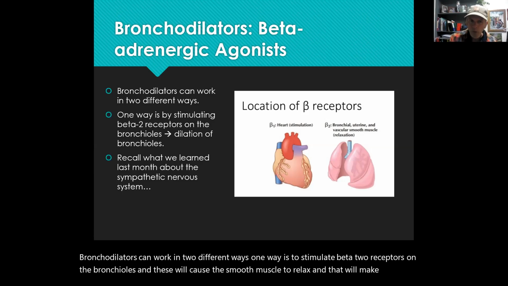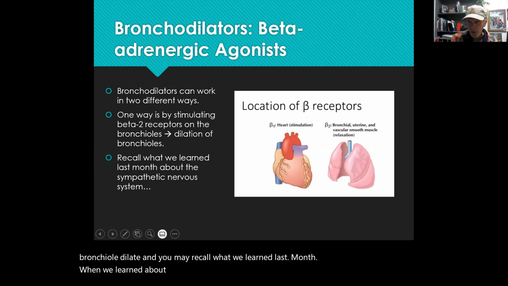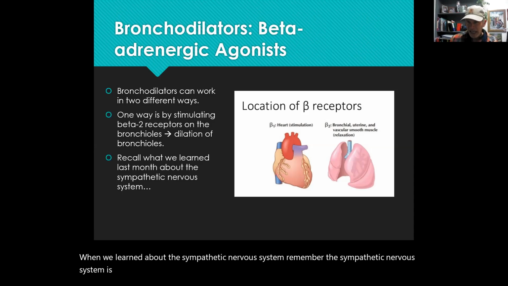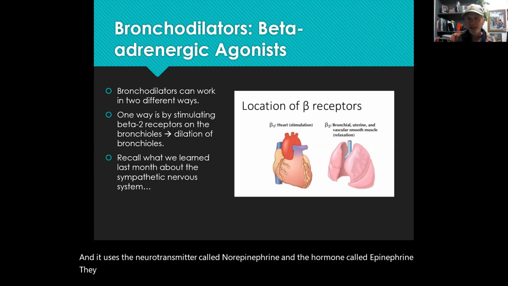And you may recall what we learned last month when we learned about the sympathetic nervous system. Remember, the sympathetic nervous system is your fight or flight system, and it uses the neurotransmitter called norepinephrine and the hormone called epinephrine. They both do similar things.